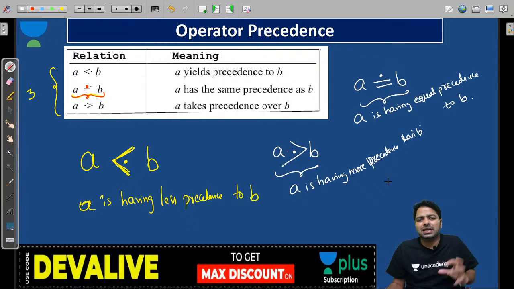So this is how we understand the three precedence relations. The way you speak them may differ, but let's understand one by one.